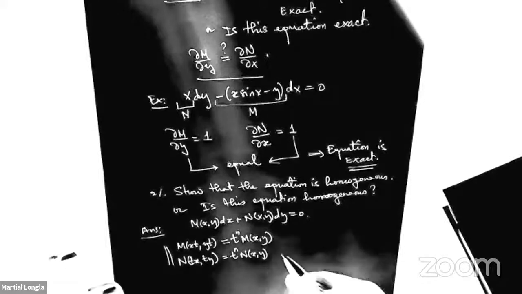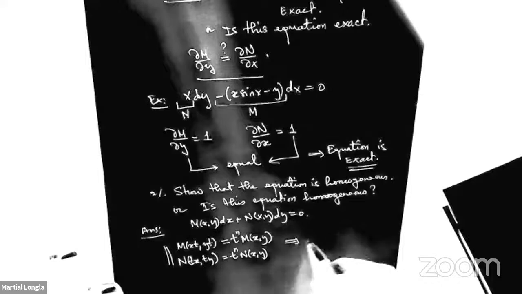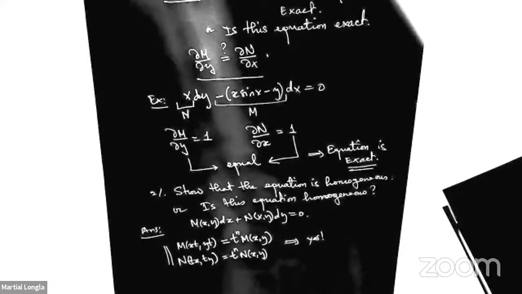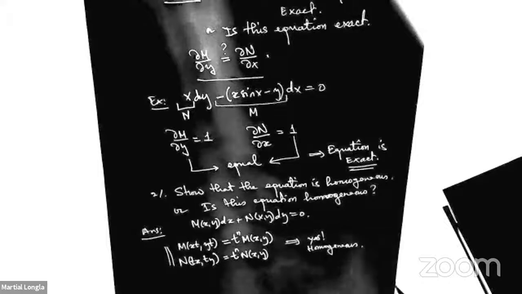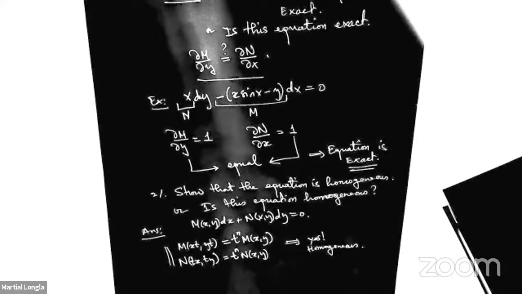If that is true, then you conclude yes, the equation is homogeneous. That's it. But if you don't do that work and you just answer yes, I put a smiling 0 there and I move on.